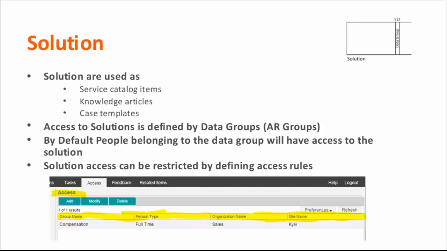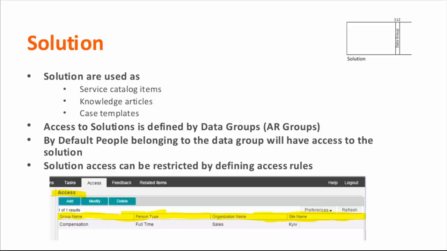Also, by default, the solutions are accessed by the people belonging to a certain data group. So there is a concept of data group within the application. You can put people within a company in different data groups like the Eastern region or the Western region, or you can probably break it down into states or things like that. And you can say that people belonging to these data groups have access to this solution.